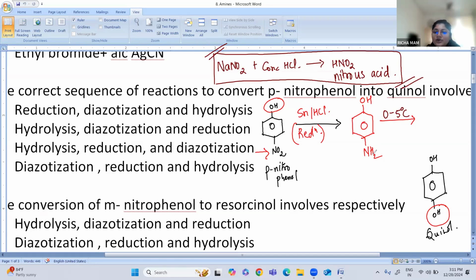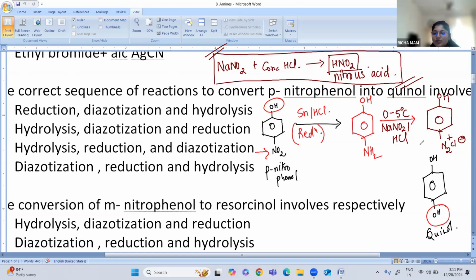When NaNO2 reacts with HCl, we get nitrous acid. So what am I going to get now here? My OH will remain the same. Here I am going to get N2 plus Cl minus. I am going to get the diazotized salt, N2 plus Cl minus.